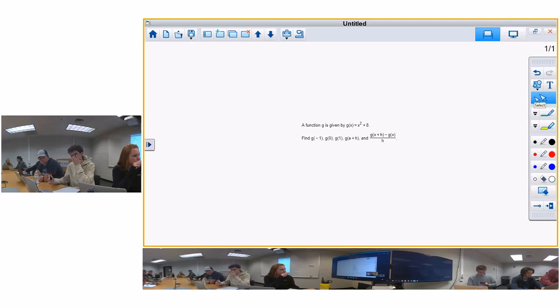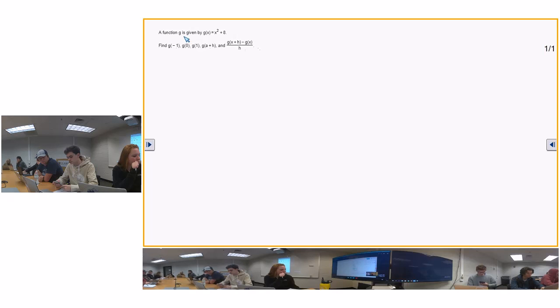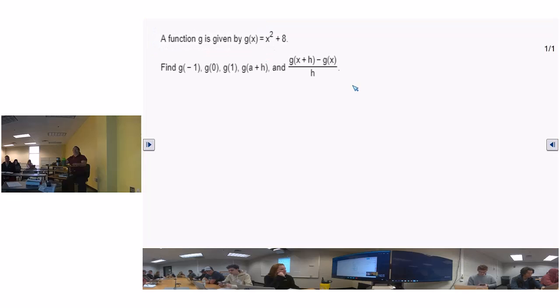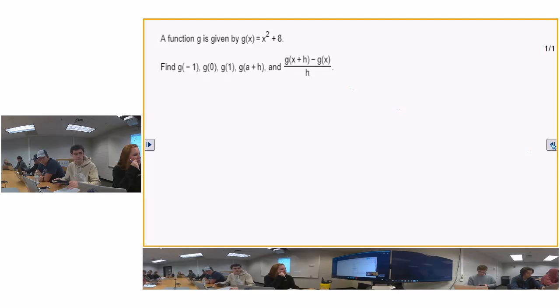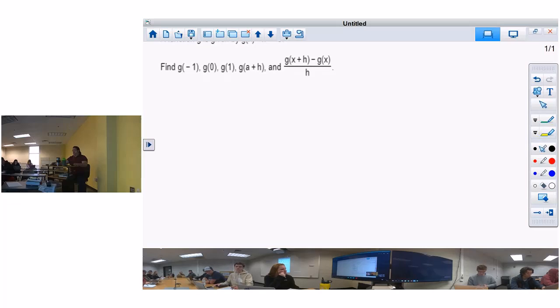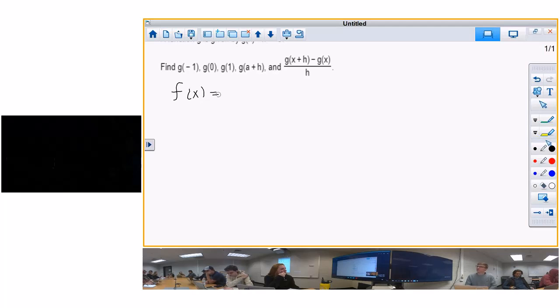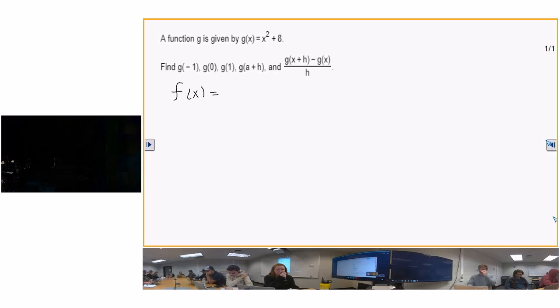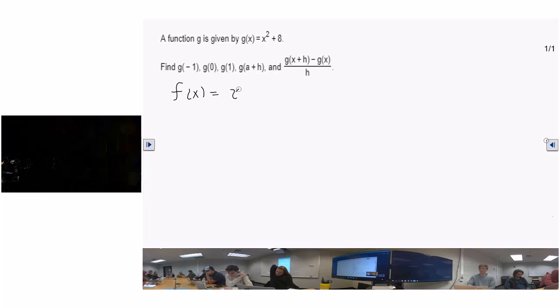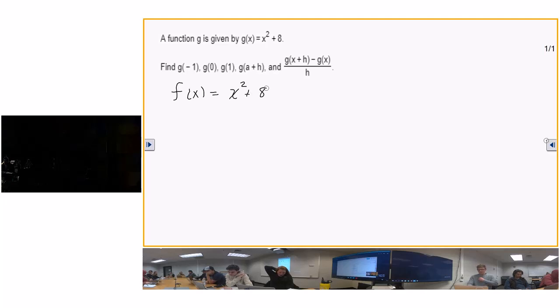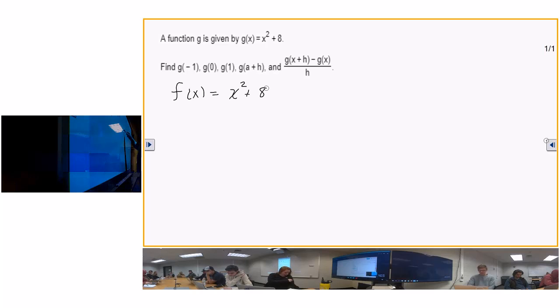All right, there we go. So there's the function. And we're going to be taking that function, f of x is equal to x squared plus a. So I'm going to go over here and I'm going to write parentheses squared plus a.